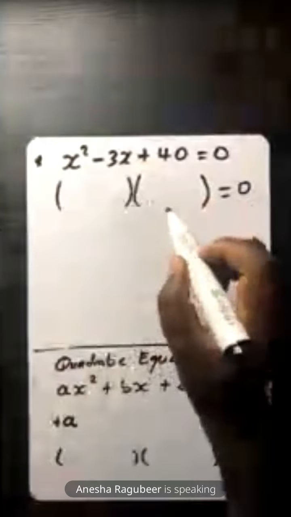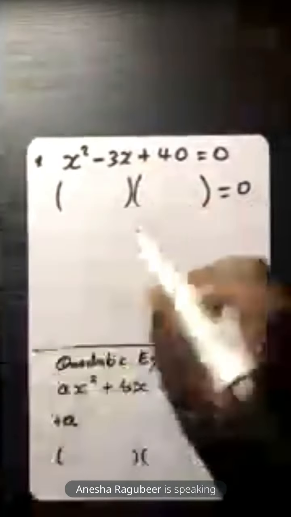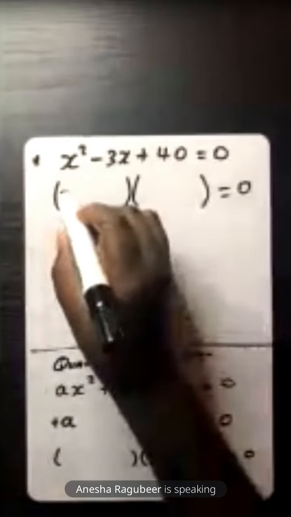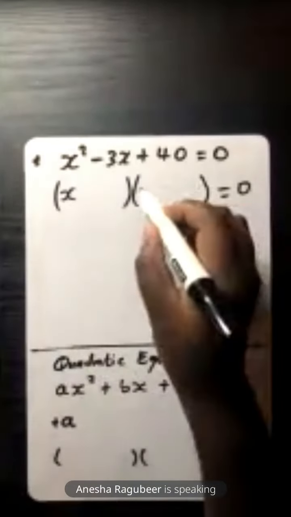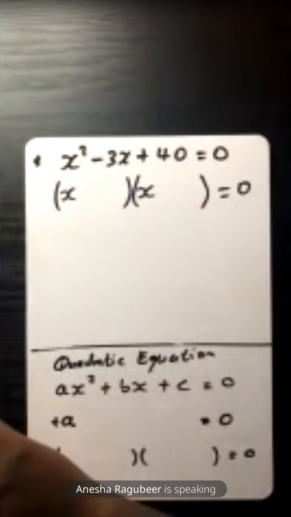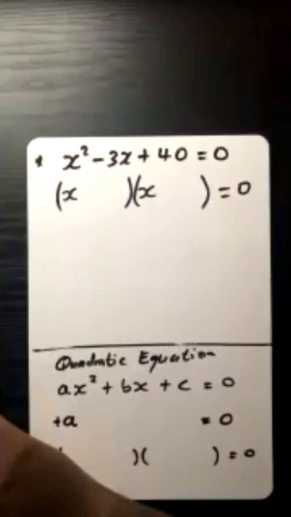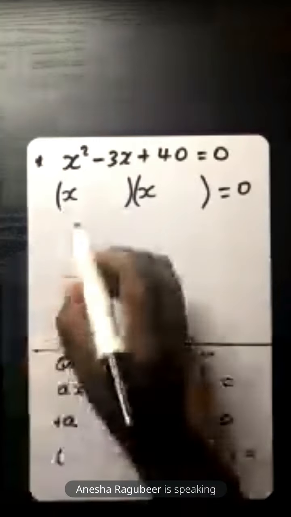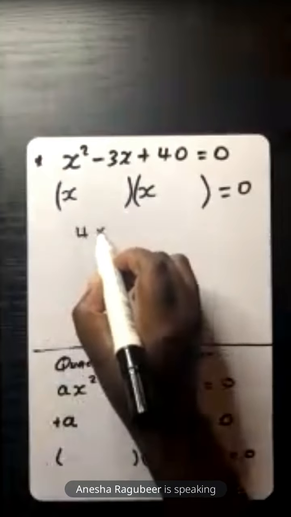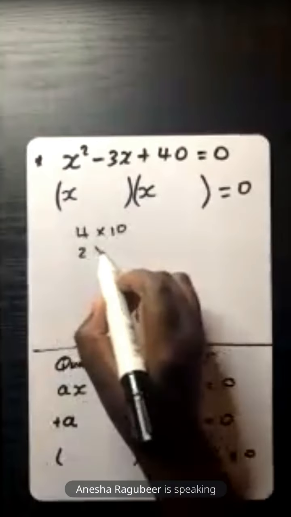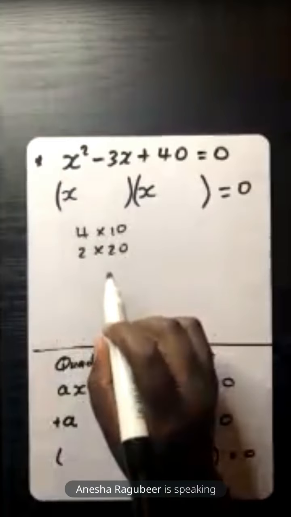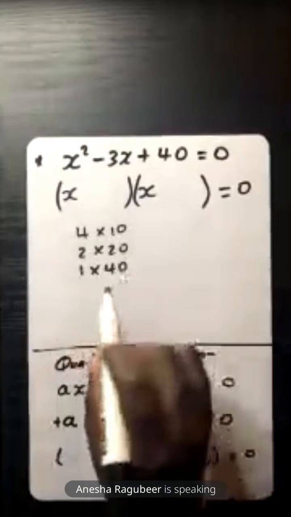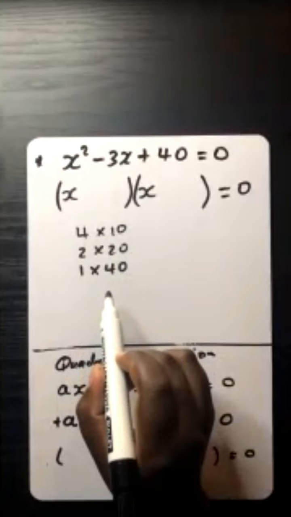What's the first step? We have to take our x squared, put an x in the first bracket and an x in the second bracket. Then, sir, we have to find our constant. Two values that multiply to our constant value, which is 40. So, sir, we could take 4 times 10 or 2 times 20, or we could take 1 times 40, and we could take 9 times 5.